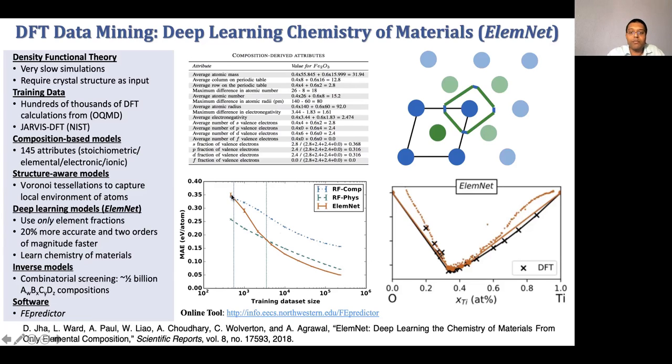But we find this LMNet, which takes only elemental fractions as input, can beat both these curves at different points. It can beat the random forest with elemental fractions with just a few hundred training points, and random forest with physical attributes with a couple of thousand training points. So this is the crossover point for LMNet in this case.